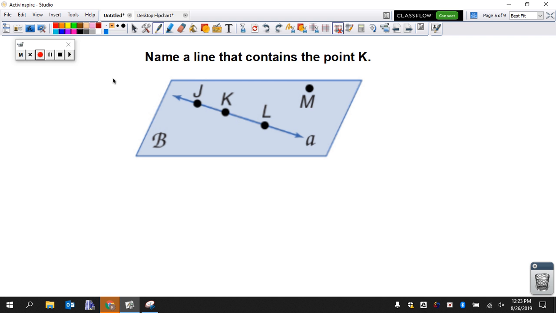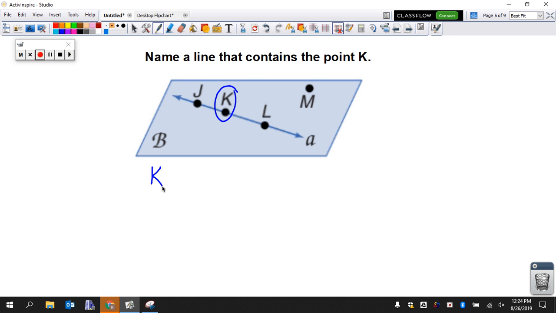All right, our first example says, name a line that contains the point K. Well, the point K is right here. All right, so the first obvious line that we can see is the line that starts with that point K. And remember that lines are named with only 2 points.